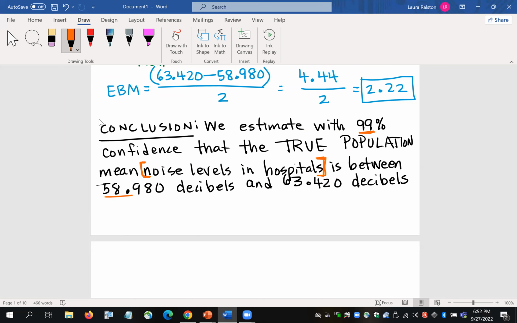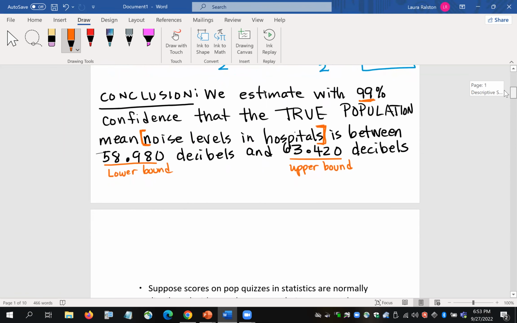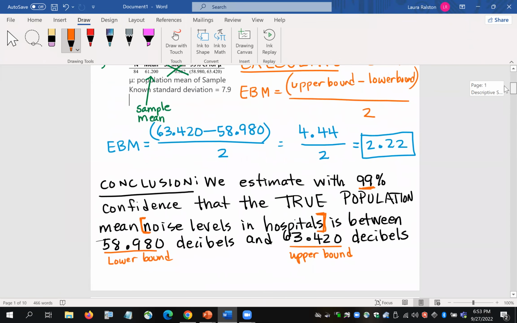And then I included the lower bound and the upper bound with the units of measure. I didn't just put 58.980. I included that we were talking about decibels. Okay, questions before we move to the next example?